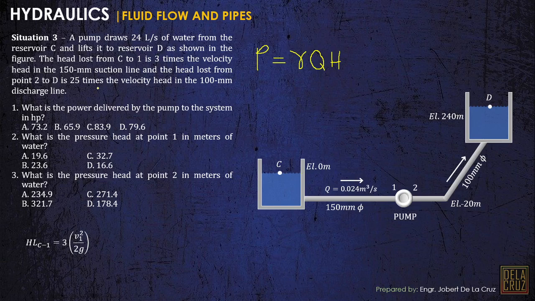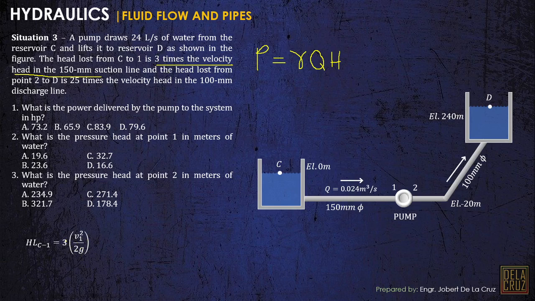Okay, so interpret muna natin. The head loss from C to 1 is 3 times the velocity head in the 150 mm suction line. So dito, again, suction ito because hihilahin ng pump yung water dito. Then, ito, discharge line because ipupush ng pump papunta kay reserva D. So the head loss from C to 1 is 3 times the velocity head at 150 mm suction line.